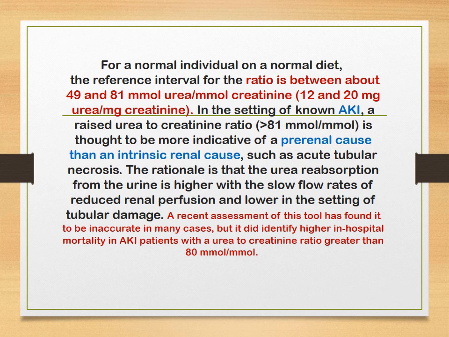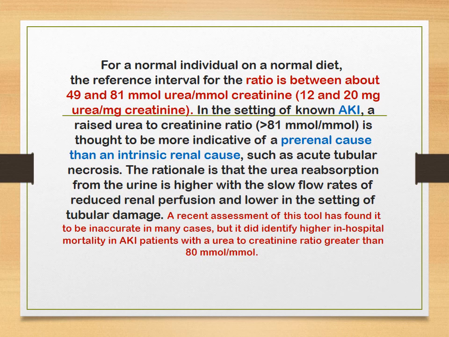While creatinine is absolutely not reabsorbed. As a result, creatinine level will not be affected and the ratio will be increased. While in intrinsic kidney injury, for example due to ischemia, both urea and creatinine will be increased.